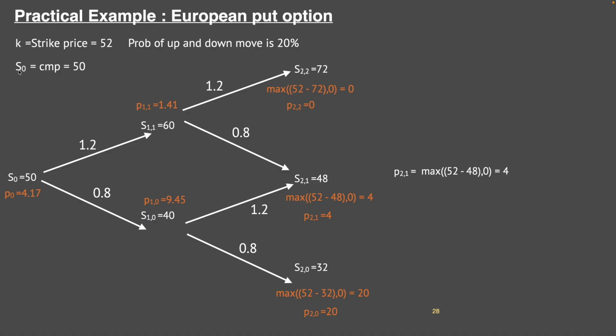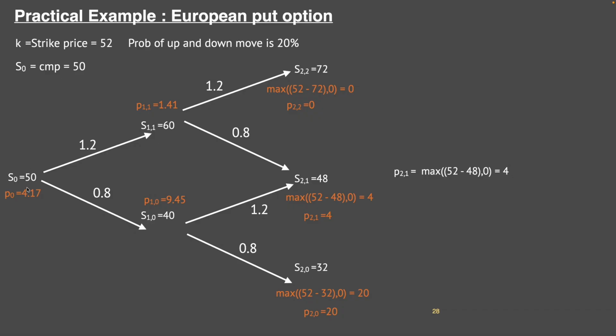When the contract was executed at S0, the price will be 50. That is, S0 will be 50. This is the long position in the underlying, and one short position in the contract, that is the European put option, has been taken in order to cover this long position in the underlying.